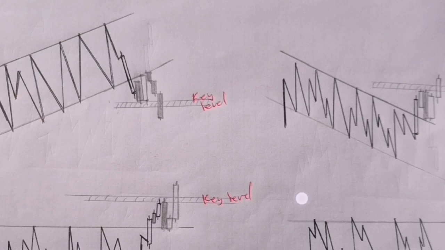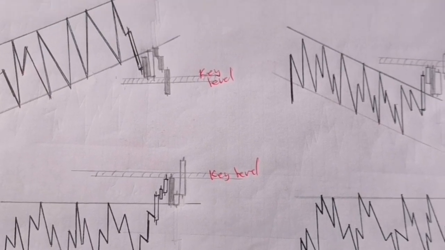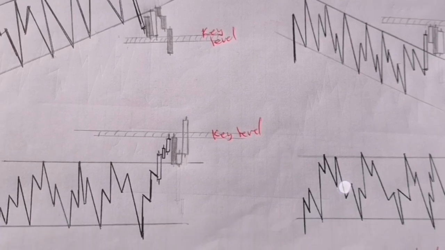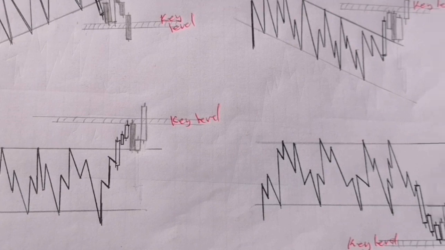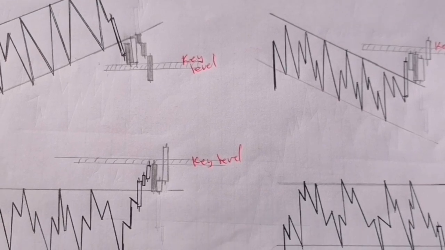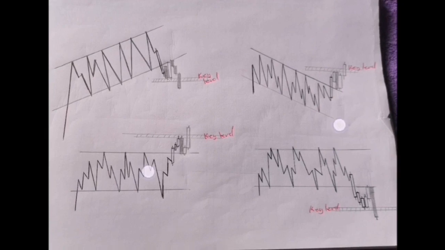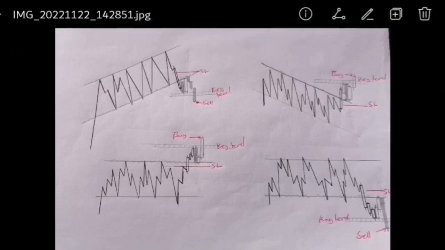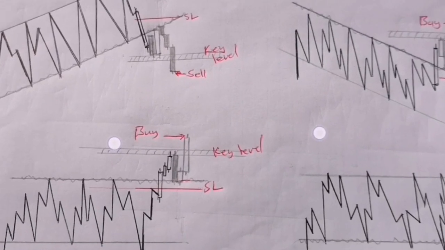And then once price has closed outside of that key level, has broken that key level with a full candle, not with a wick, with a full candle, that is where you can take action. Once price has broken that key level at the retest, that is where you can enter your trade.